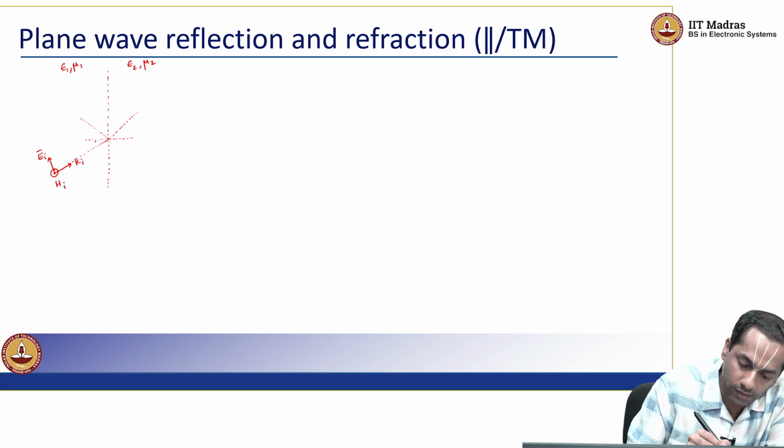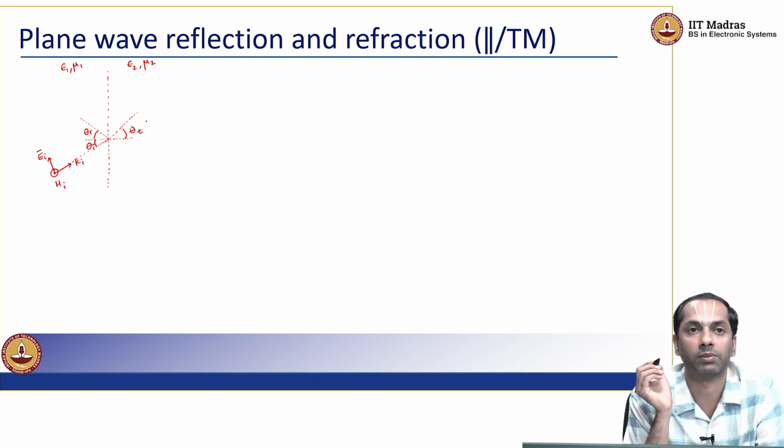Okay. So, I am going to demarcate some angles theta I, theta R and theta T. So, T stands for transmission, R stands for reflection and I for incident.